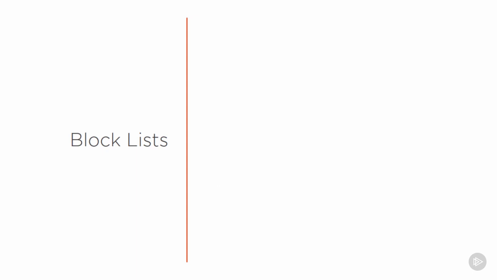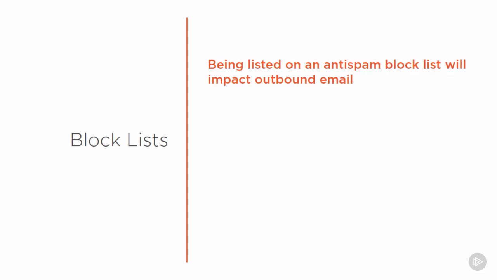If your Exchange server's public IP address gets listed on an anti-spam block list, such as Spamhaus, which we looked at earlier, it's going to impact your ability to send email to external domains. Getting listed by a block list is usually a result of sending spam or spam-like content.